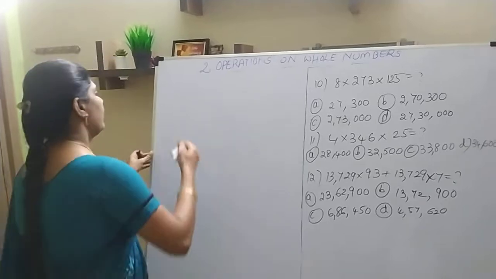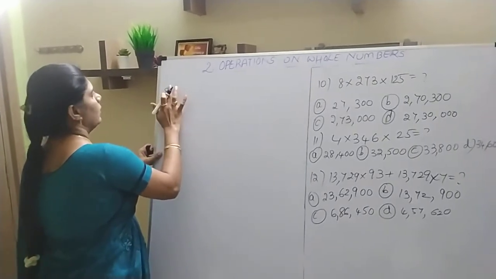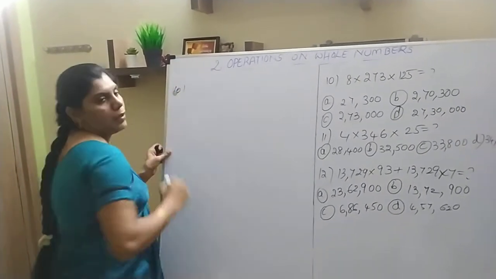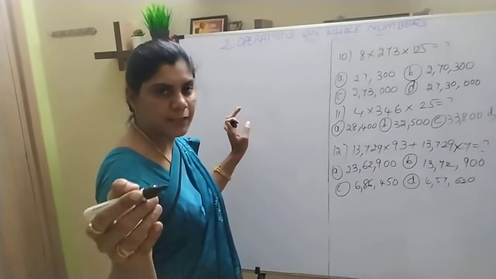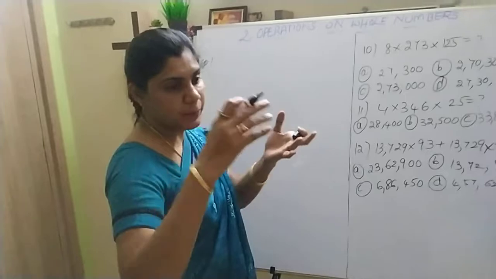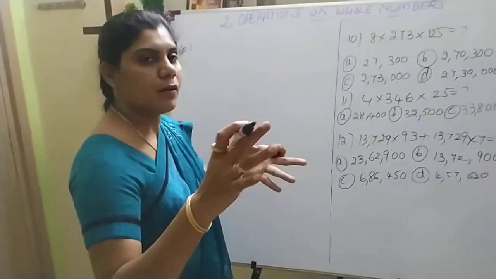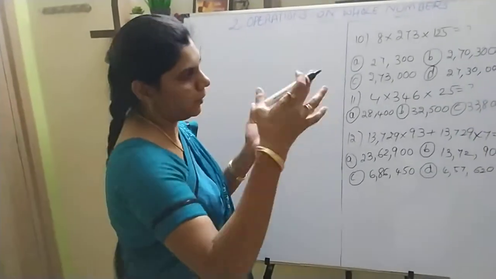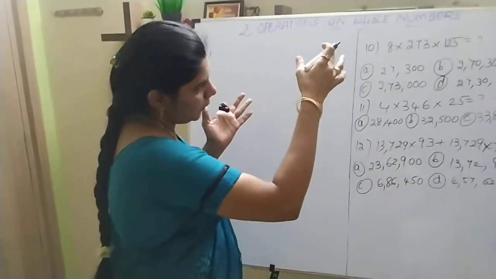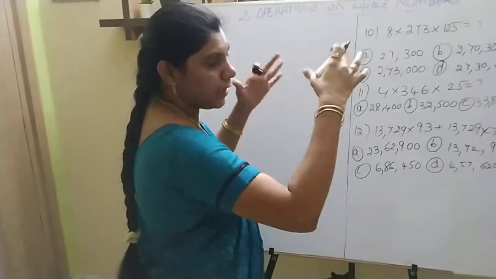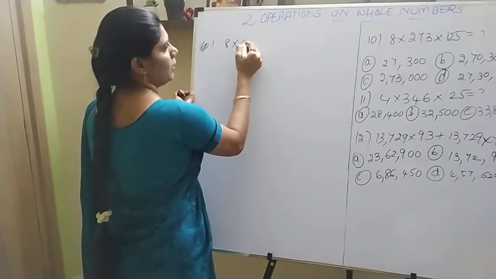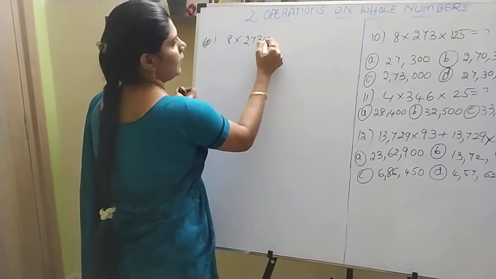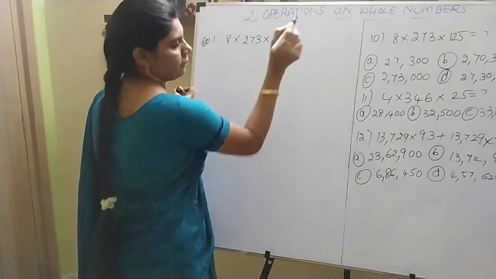So see how we will use properties on whole numbers, that is additive properties on whole numbers, multiplicative properties on whole numbers. All these properties we will apply here. Without doing any big calculation, we will solve our problems. Okay, so 8 into 273 into 125.